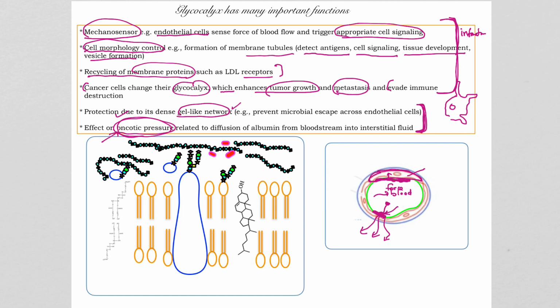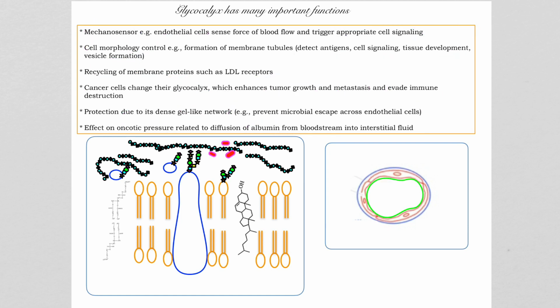But albumin is a protein with very high concentrations in your bloodstream. So basically, let me just erase this. So this example basically tells us that it's not easy for albumin to cross the glycocalyx because it's a very dense area.